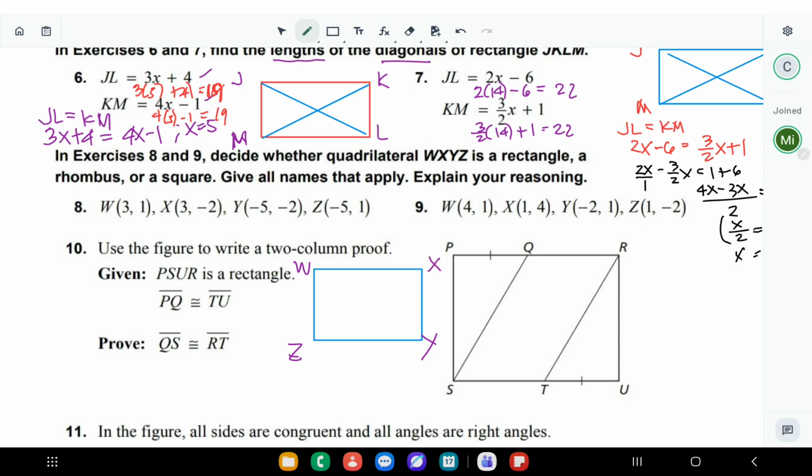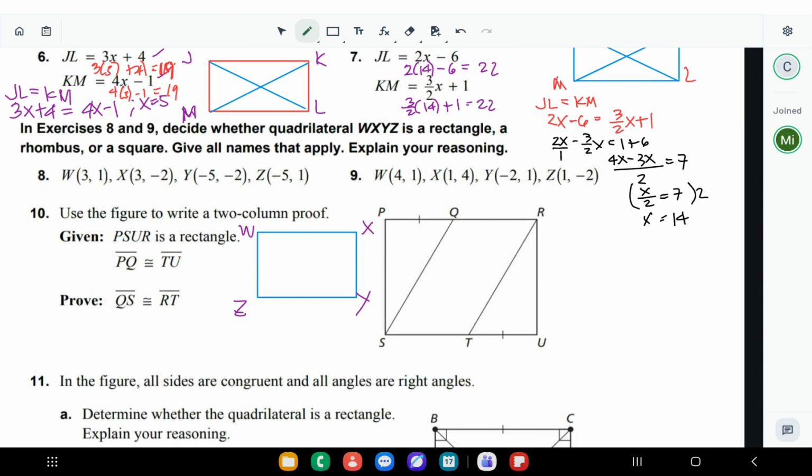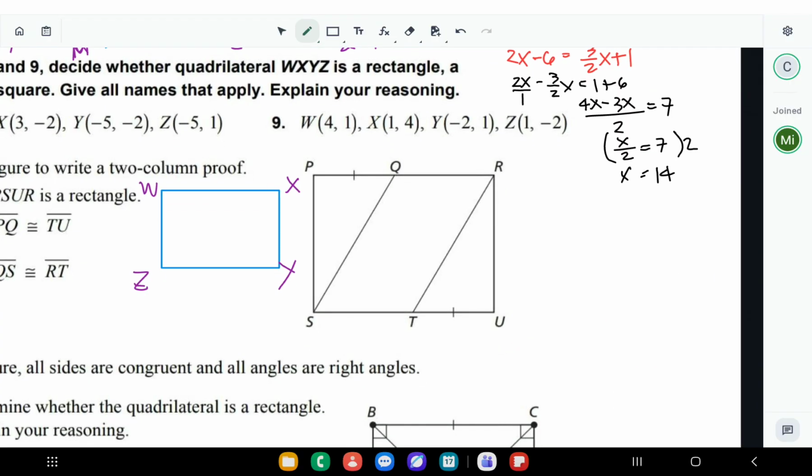It doesn't even tell us that W, X, Y, Z are vertices, so let's just assume these are vertices. We find the distance between W and X, X and Y, Y and Z, W and Z. Do you know how to solve for the distance? Distance formula.